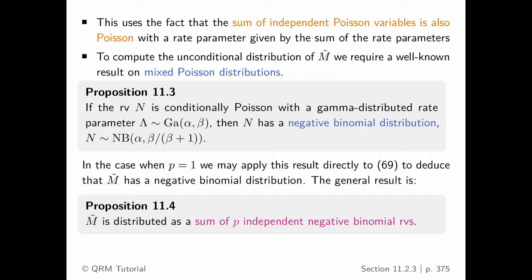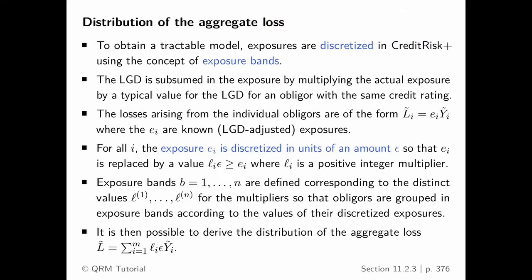You get a model where the variance can be higher than the expected value, which is quite popular in non-life insurance. If there's one factor, the number of defaults is negative binomial. If there are p factors, in general, the number of defaults is a sum of independent negative binomials. And then you get even more.